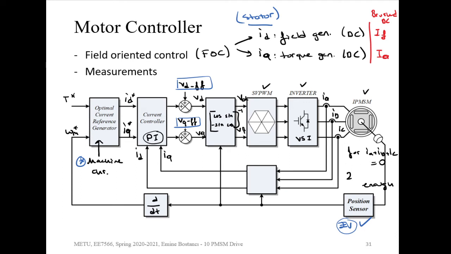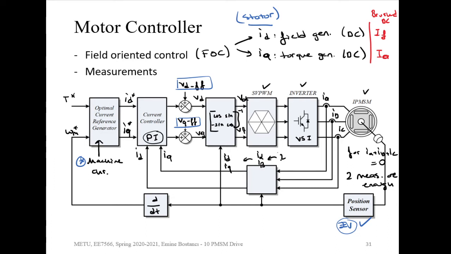From that, you first change them to I alpha, I beta. Then you need to change them to ID and IQ.